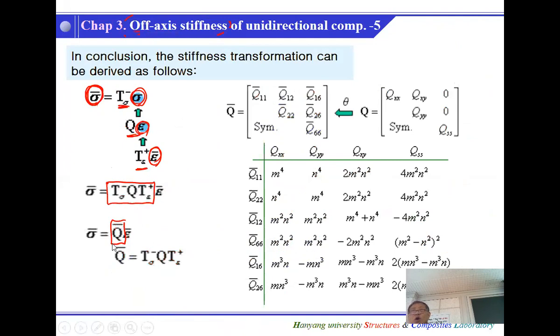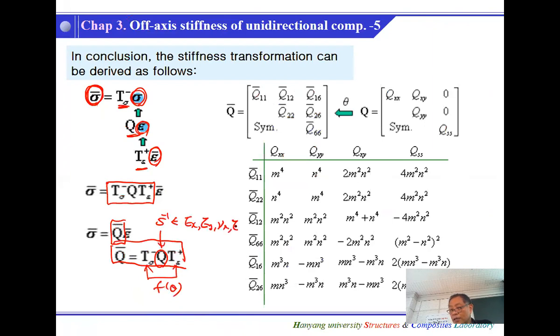This is nothing but the off-axis stiffness. So the conclusion is, sorry, Q bar is a function of what? Theta, and Q is a function of S inverse, and S is made up of EX, EY, mu X and ES. So we went through all these procedures, and here are the final results.